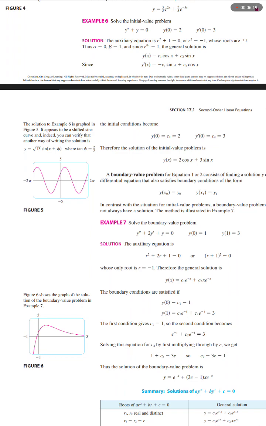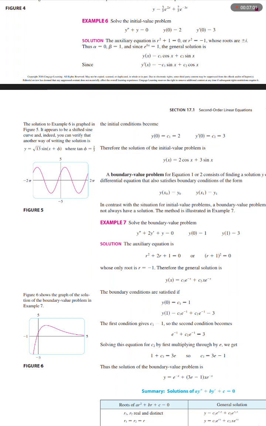Thus α = 0, β = 1, and since e^(0x) = 1, the general solution is y(x) = c₁ cos x + c₂ sin x, and y'(x) = -c₁ sin x + c₂ cos x.